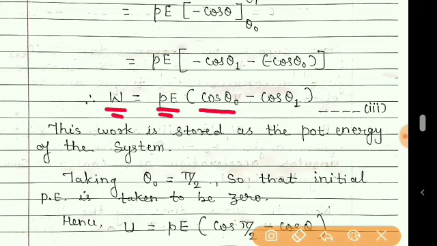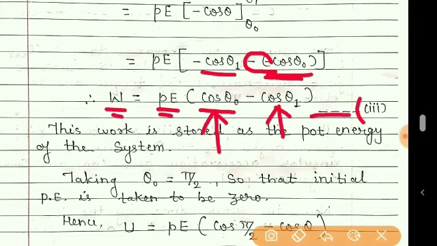See here, minus into minus gives plus, so this positive term we are keeping first, and the negative term afterwards. Let us give this equation number 3.